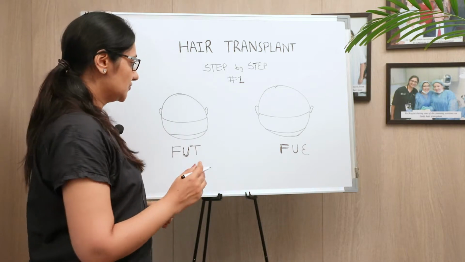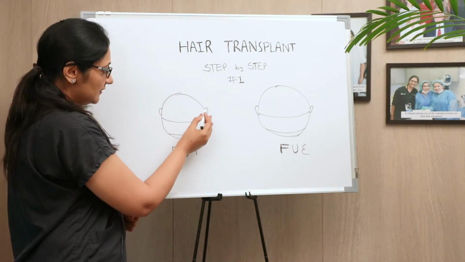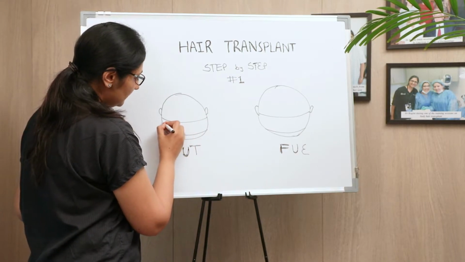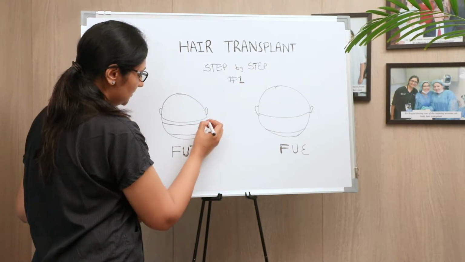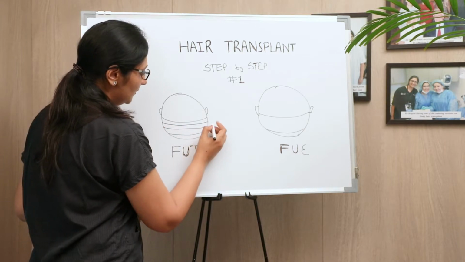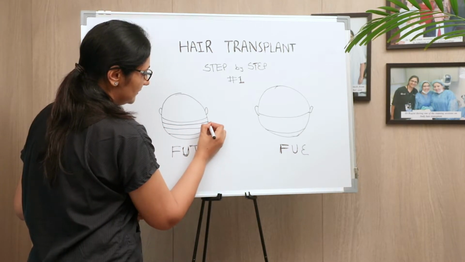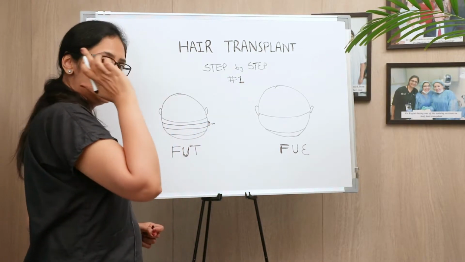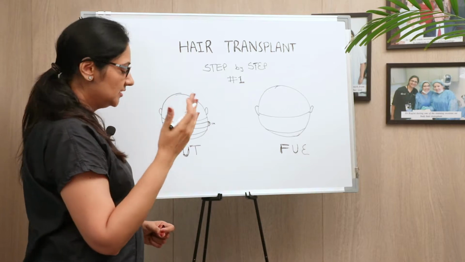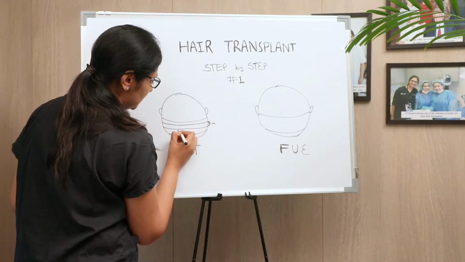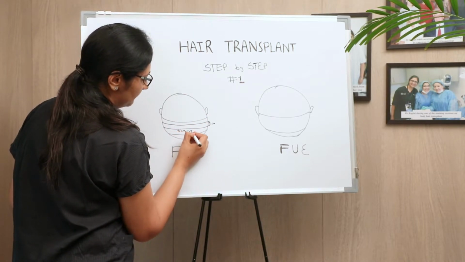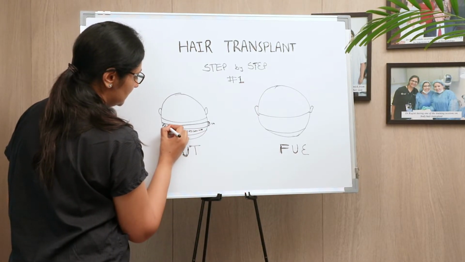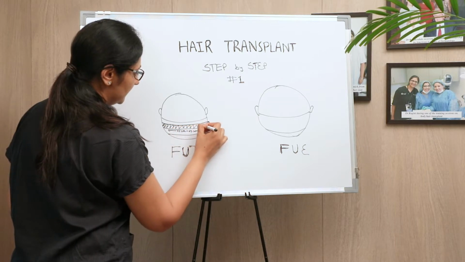So while doing strip surgery, this is the back of the head, the ears and the permanent zone of hair. In strip surgery, we take out a thin strip, maybe 1.5 centimeter wide, and depending upon the length of the individual's head, maybe around 25 to 27 centimeter long. So we take out this big strip of skin.